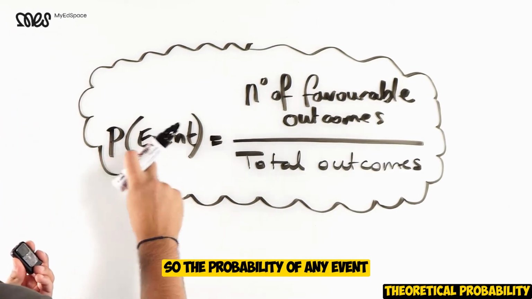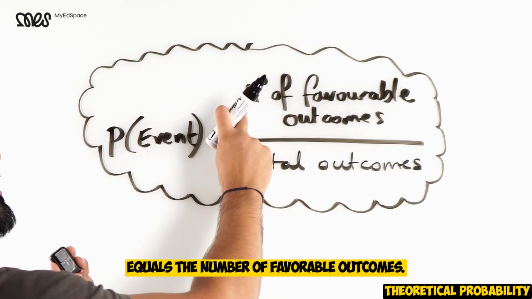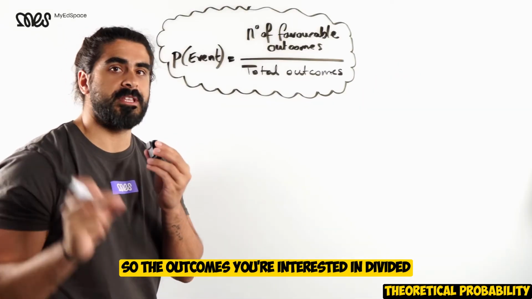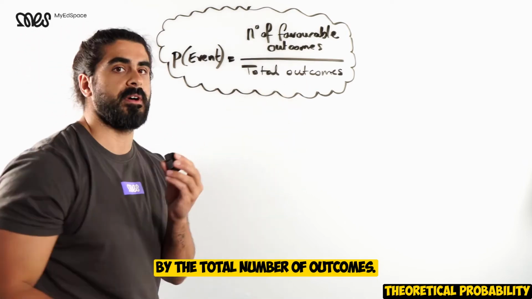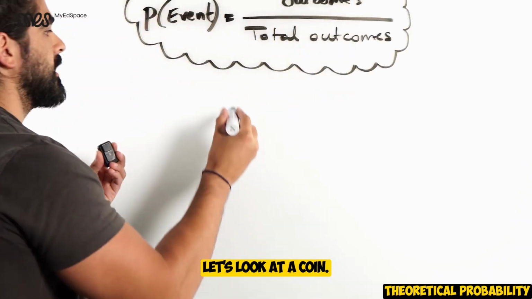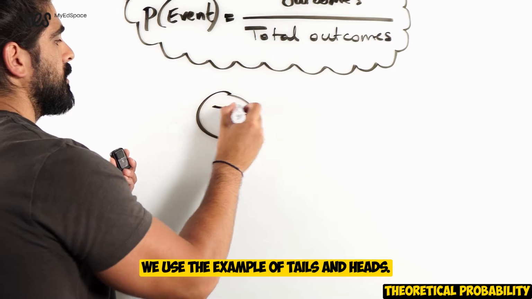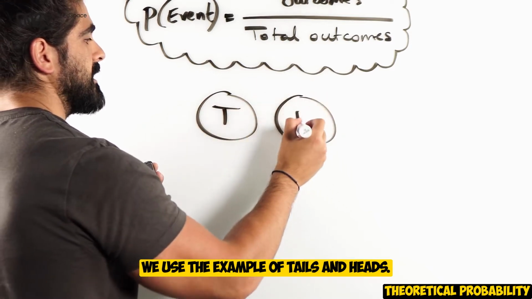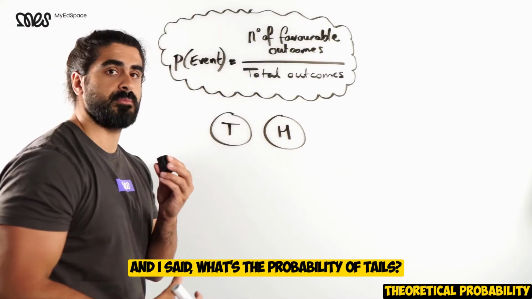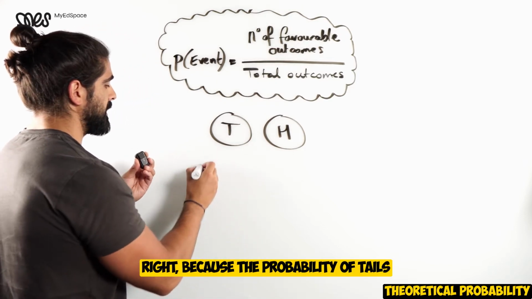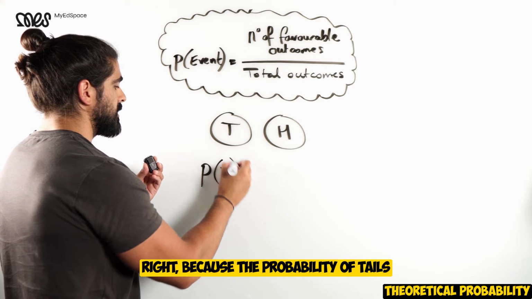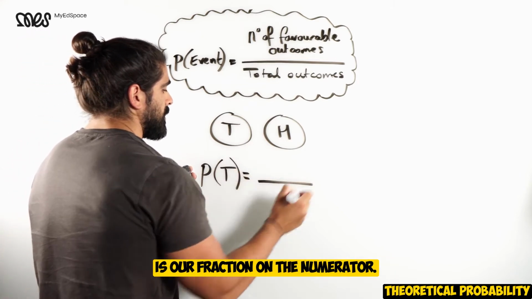Now let's look at our theoretical probability formula. So the probability of any event equals the number of favorable outcomes, so the outcomes you're interested in, divided by the total number of outcomes. Let's look at a coin. We use the example of tails and heads. And I said, what's the probability of tails? We said 50-50, right? Because the probability of tails is our fraction.